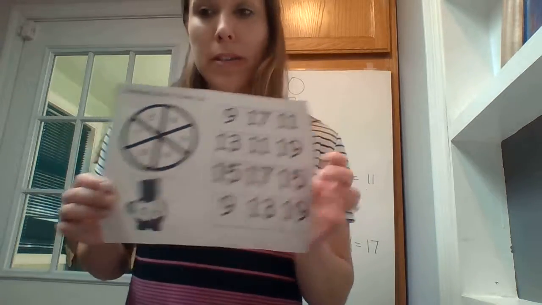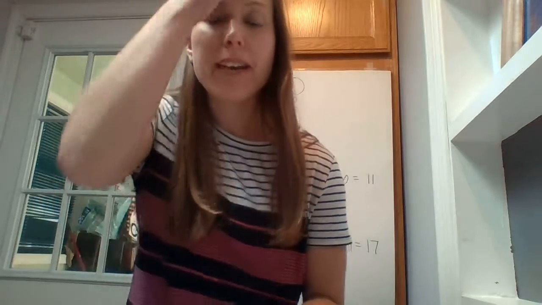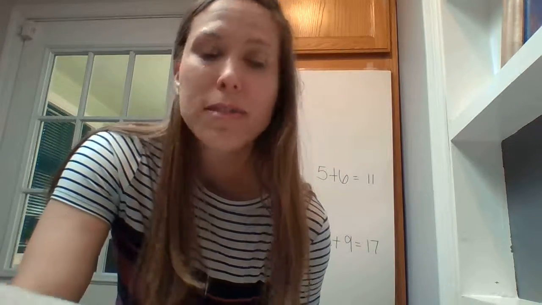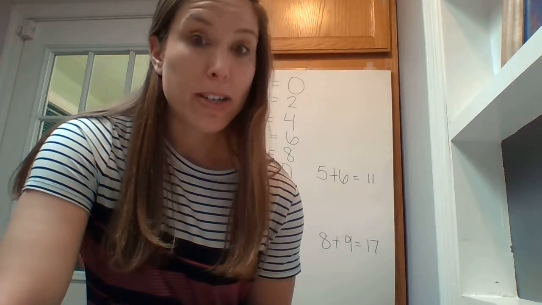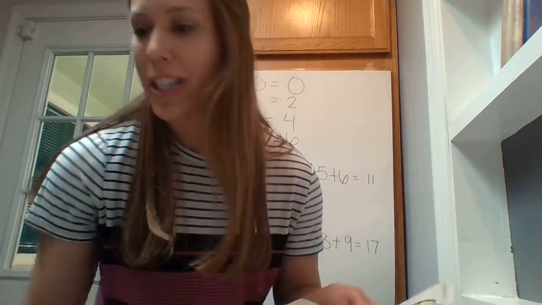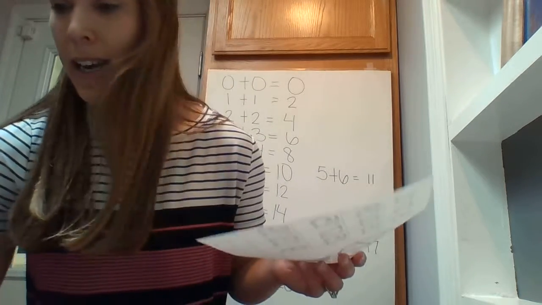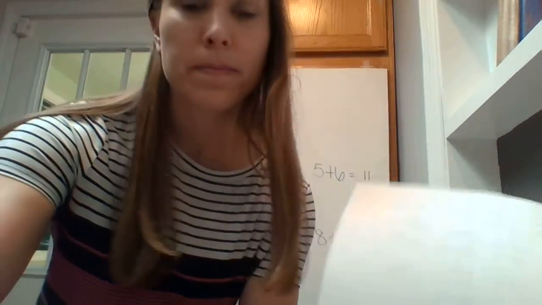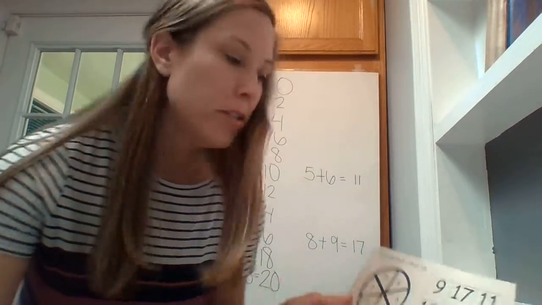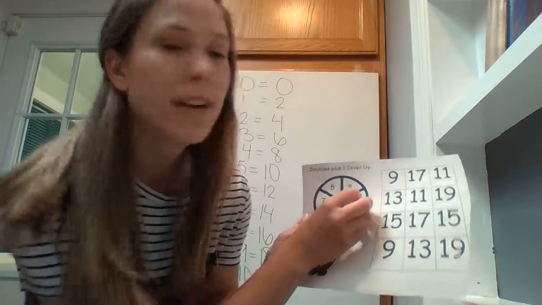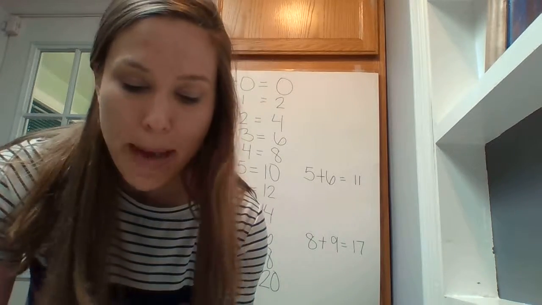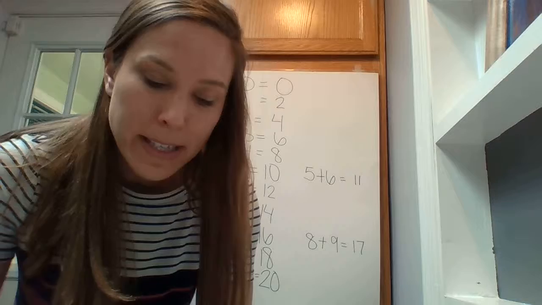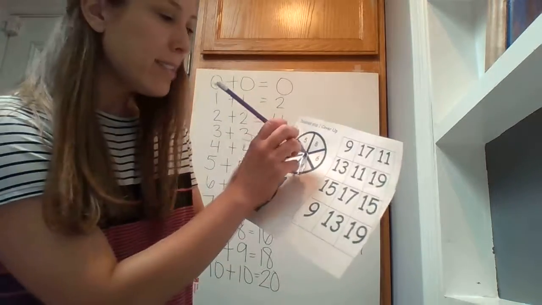So what they will be doing with this one, they will be doing it with a partner if they choose, with a partner that is also done on the worksheet, has already completed it, and they will use this. They will grab a paper clip and a pencil, and the pencil and the paper clip together will act as their spinner.